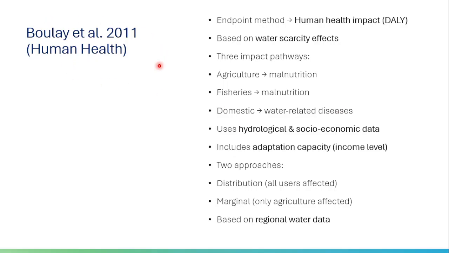The main scope is human health related to water scarcity. It uses hydrological and socio-economic data, and includes adaptation capacity through income level. It has two approaches, distribution or users affected, and marginal only agricultural affected. It is also based on regional water data.